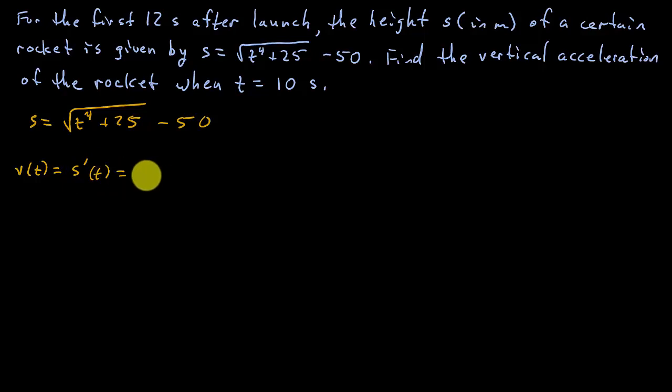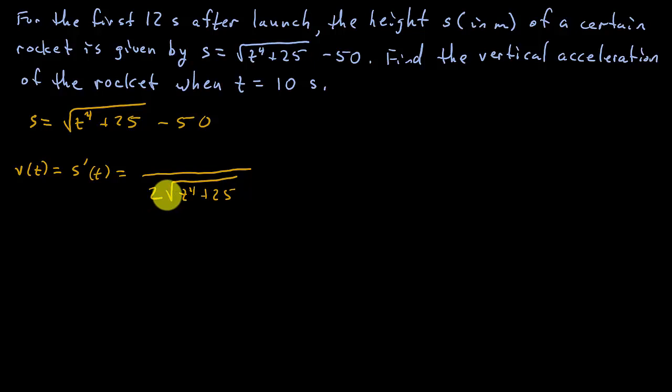Okay? So there's a shortcut, and I have that shortcut in several videos, and I also have a video on its own. If you search my channel for shortcut for finding the derivative of a square root, I go into more detail there. But it's really simple. So this square root that we're taking the derivative of goes in the denominator, t to the fourth plus 25, and it's multiplied by 2.